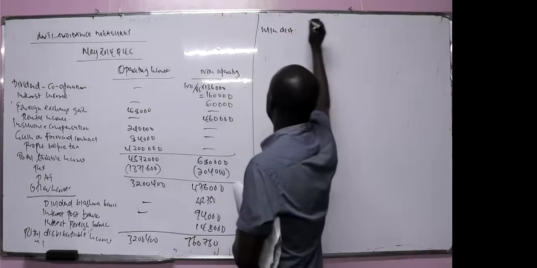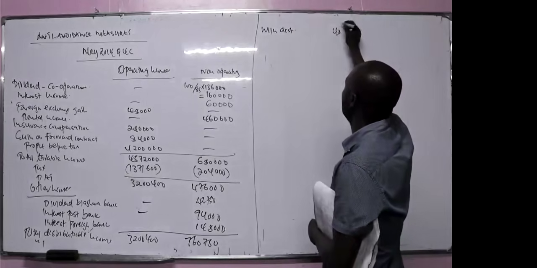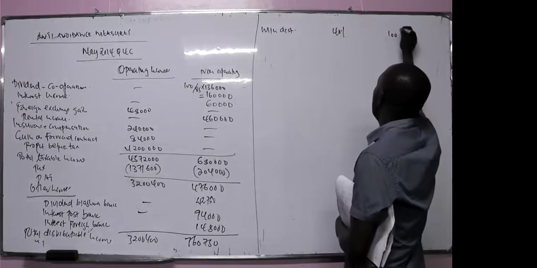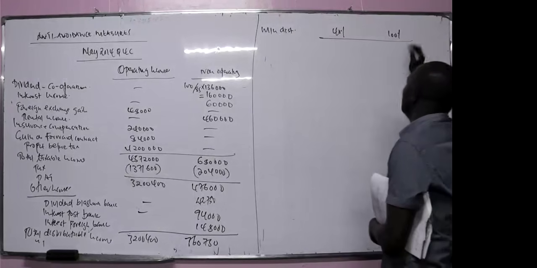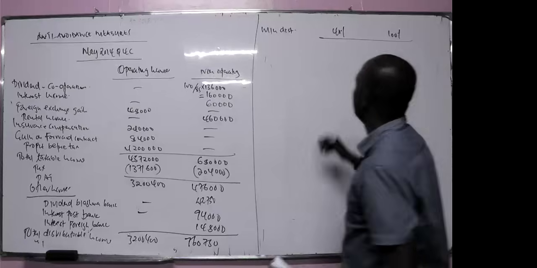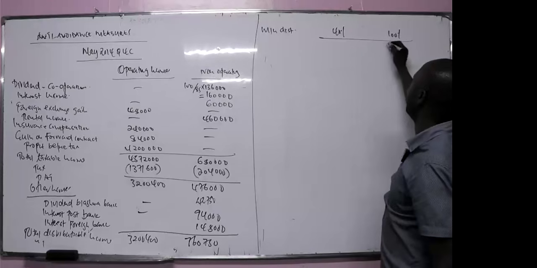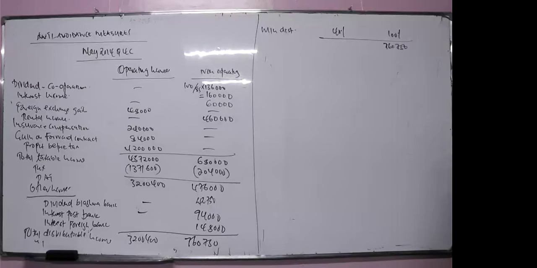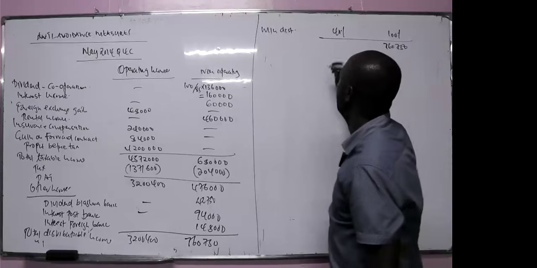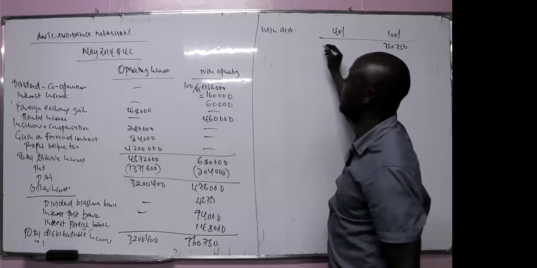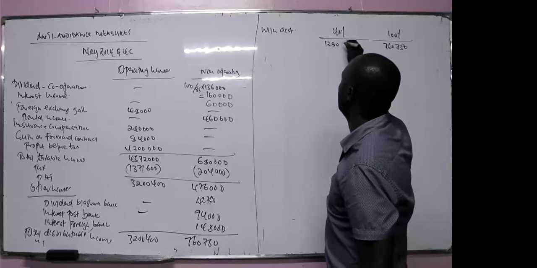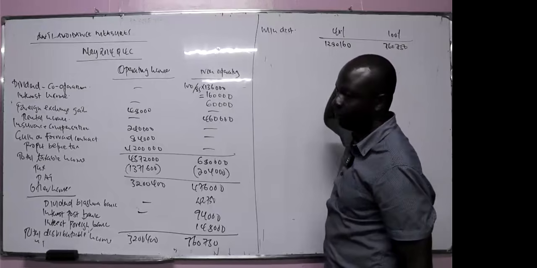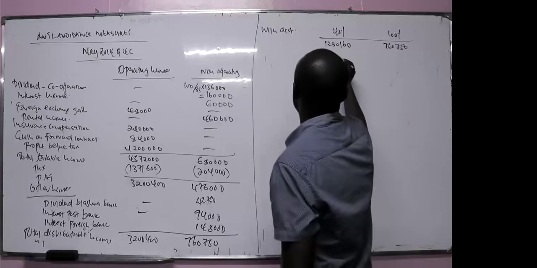Minimum distribution, here it is 40%, and the other one is 100%. So how much do you get? This is 40, this is 760,750, and this other one, 1,280,160.